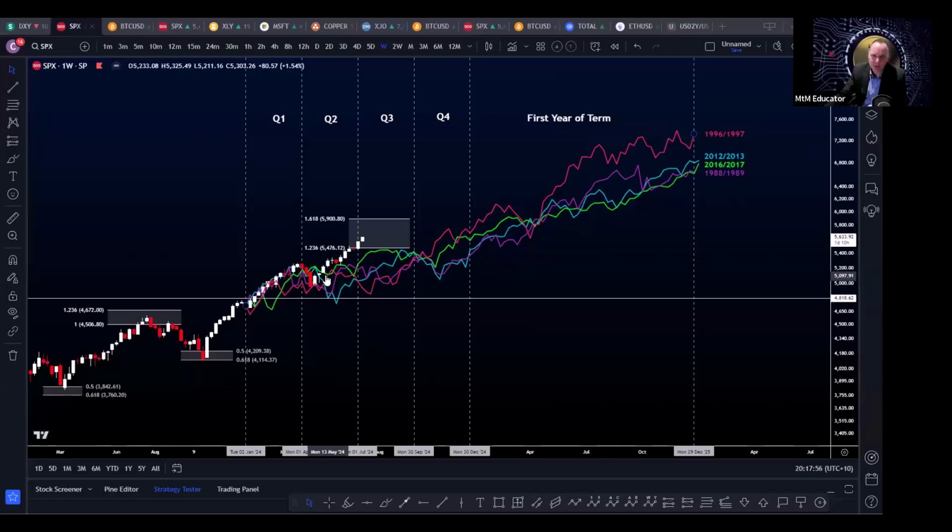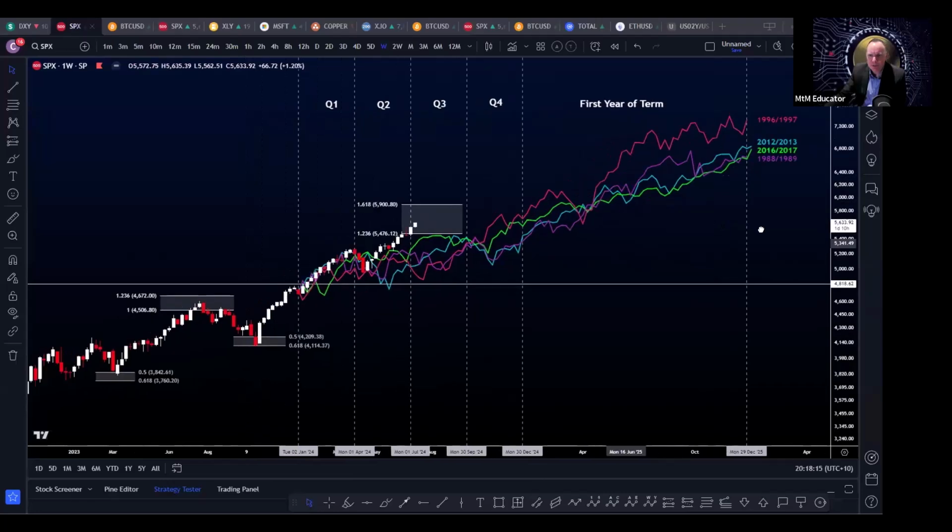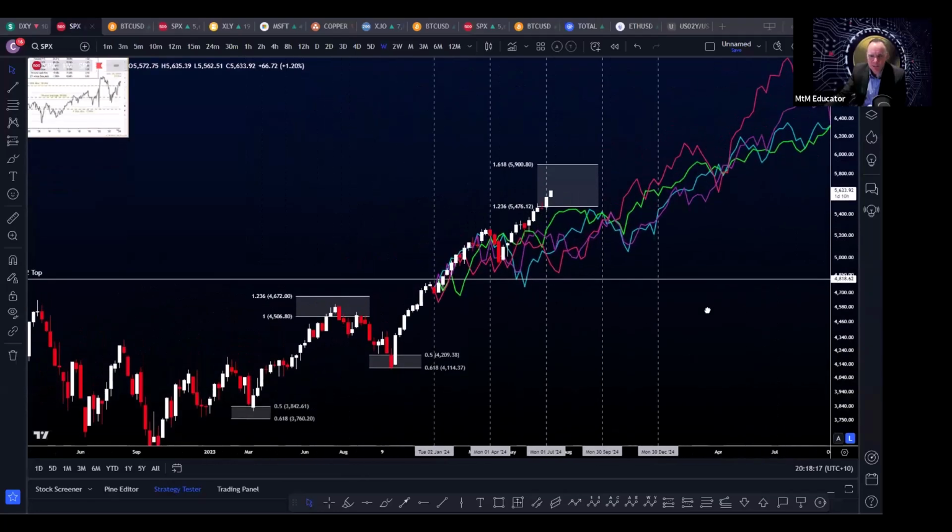So I took out the 2020 crash and I took out the 2008 crash. But the rest of the election years I have left in here, and I've mapped out the trajectory that the S&P 500 has enjoyed over election years, because it is a very, very similar cycle.